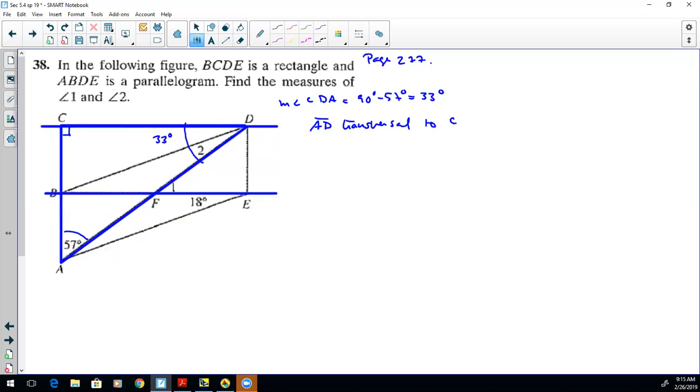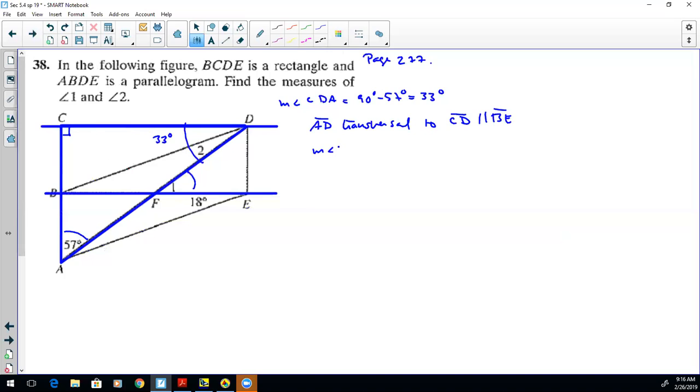So it's transversal to CD, BE. Okay, so that means we have parallel lines cut by a transversal, so alternate interior angles are congruent.